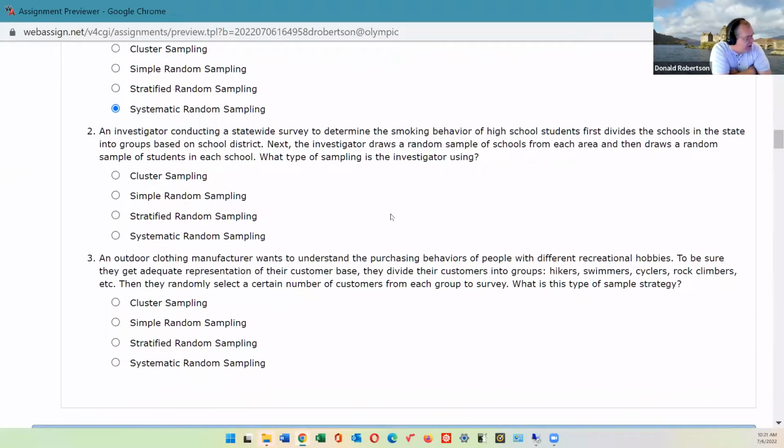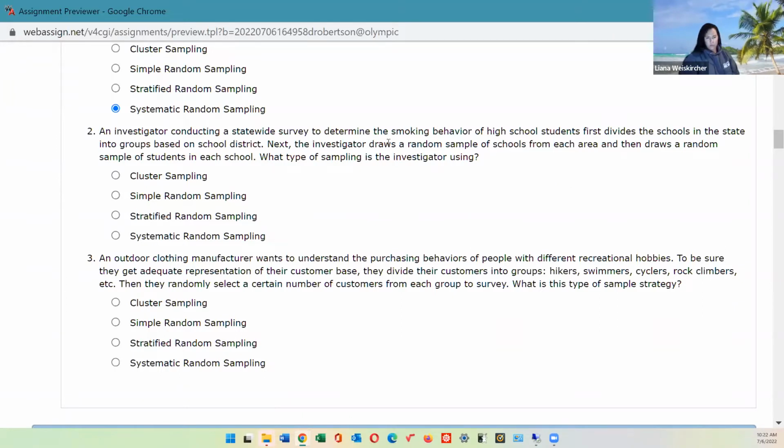An investigator, this is number 2, conducted a statewide survey to determine the smoking behaviour of high school students. First, he divides the schools into groups based on school districts. Next, the investigator draws a random sample. So he did states, that was his first group, and then within each state he picked school districts, however school districts are organized.